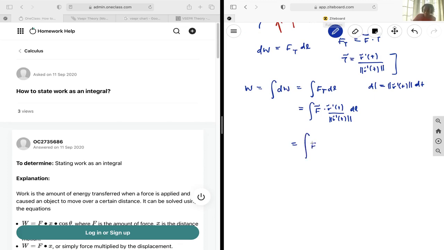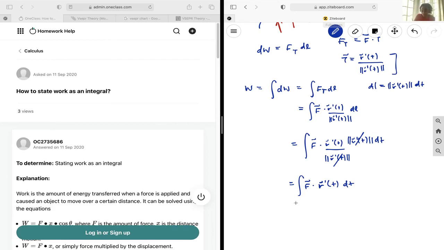We get the integral of the force dot the tangent vector, and then we're going to put in our dl, dt. These two will of course cancel out, and so this will give us the integral of F dot the derivative of the vector describing the path, dt.